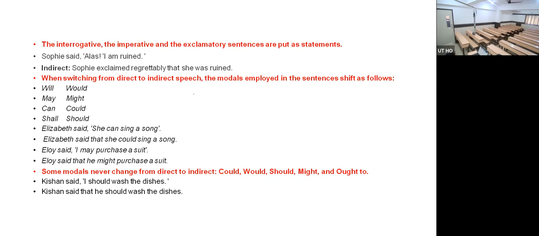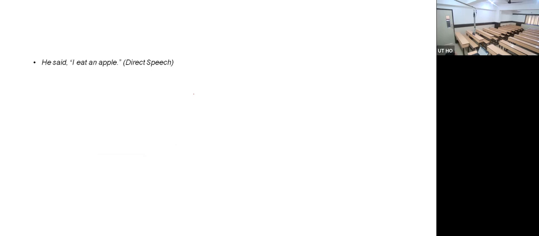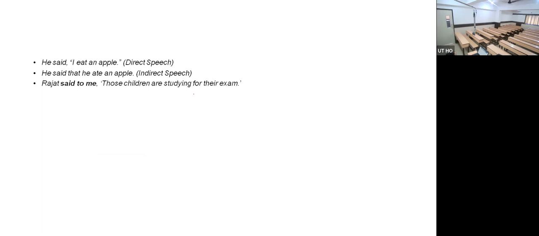So these are a few of the rules that you have here. We'll look at some examples. He said, "I eat an apple." Right? Indirect will become, he said that he ate an apple. Rajat said to me, "Those children are studying for the exam."